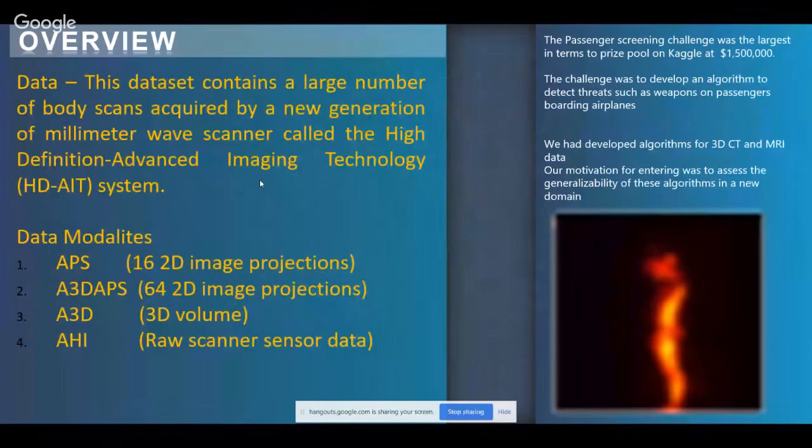A second data set was the 64 projection data set, and these are just simple 2D projections. A third was a 3D volume, a volumetric data set, and the last was raw scanner sensor data where you had to reconstruct the image if you wanted to use that one. Many teams did not use the raw sensor data. In fact, a lot of the top winning teams used the 16 projection, 2-dimensional projection image.